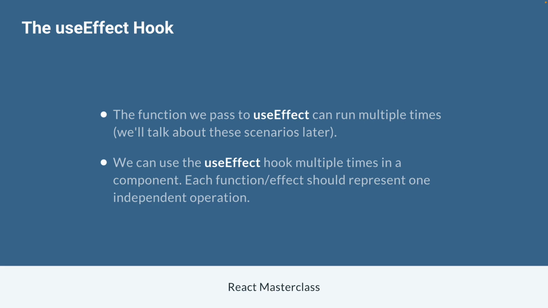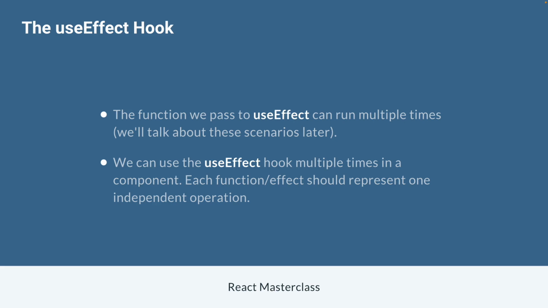The final thing worth noting is we can use the useEffect hook multiple times in a component, the exact same way that we can use the useState hook multiple times. So if, for example, you have two side effects, maybe you want to make a request to an API, and then you also want to read some file from the user's file system. If they're two independent operations, the best thing to do is to use the useEffect hook twice. So there's no limit to how many times you can utilize it, just like useState.